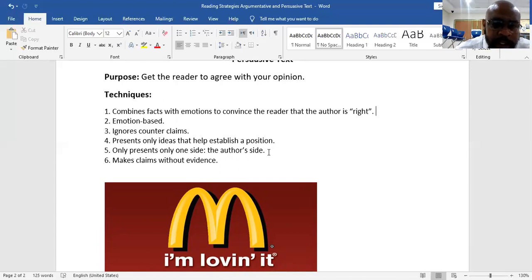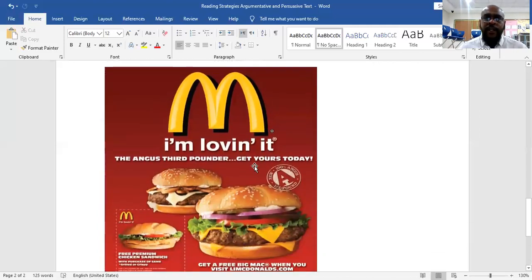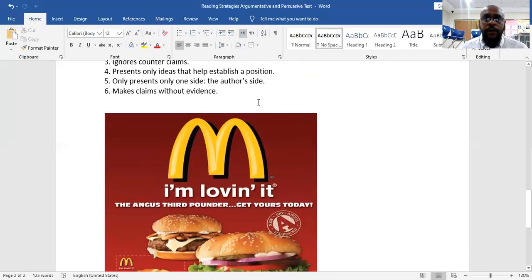And the last point here is that it makes claims without evidence. So it doesn't need any proof. Again, if you look at number two, it's all about the emotions, right? So it doesn't need proof. It doesn't need to be tested. It doesn't need to be true at all.